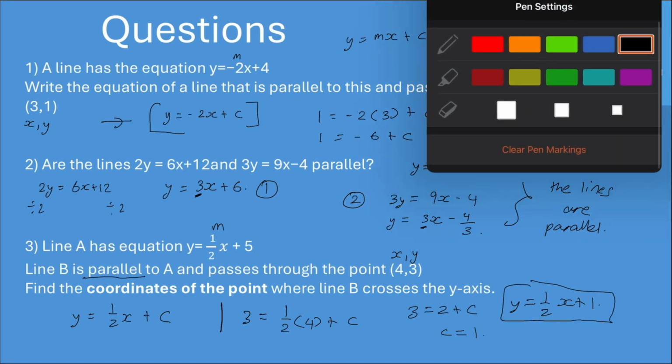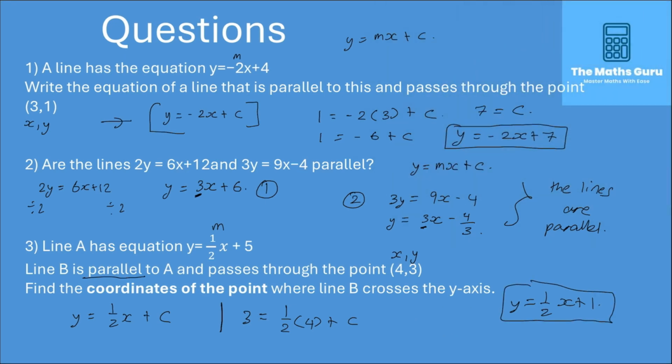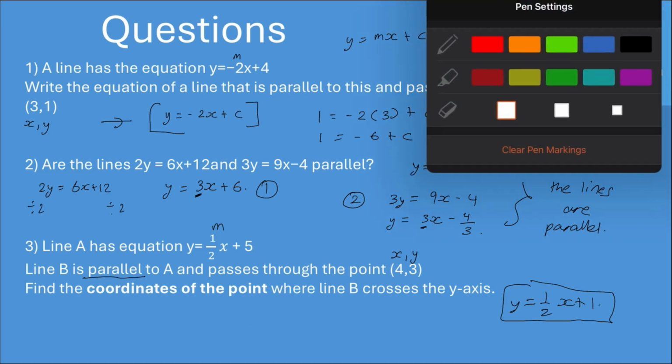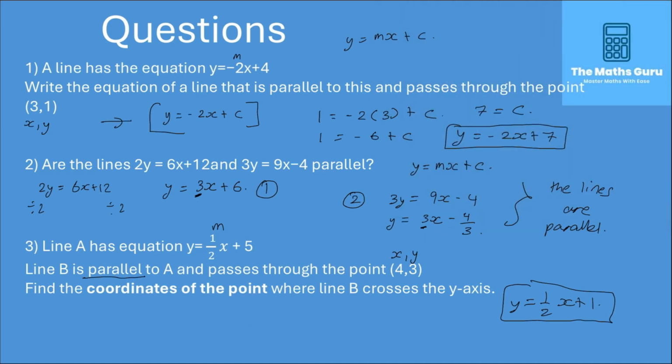But remember, the question's asking us at what coordinates does line B cross the y-axis? So to think about it, when something crosses our y-axis, so our y-axis is this line here, so we have our y and we have our x.